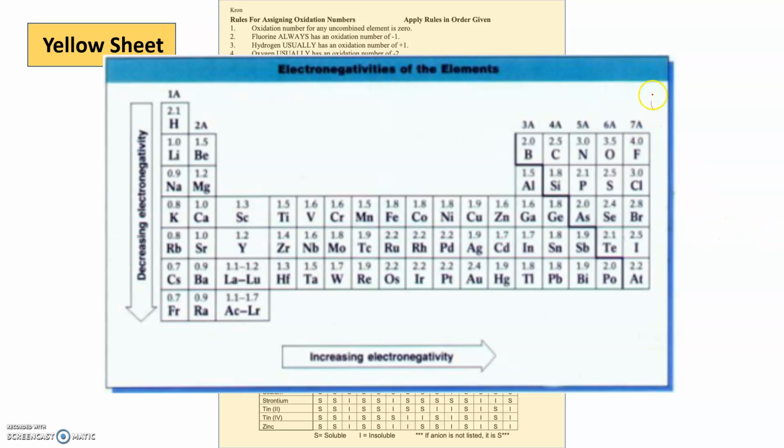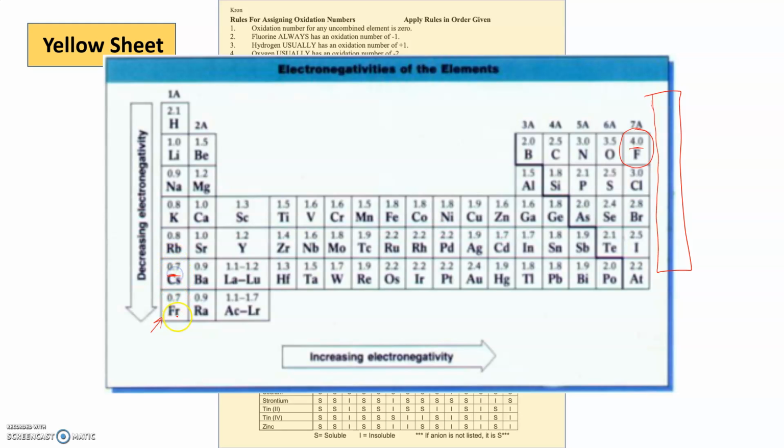You will notice, however, that the noble gases are gone on this periodic table because we said they have zero electronegativity. Also know that fluorine is the highest, the most electronegative element. It has an electronegativity of 4.0. And then you can see francium down here has 0.7.